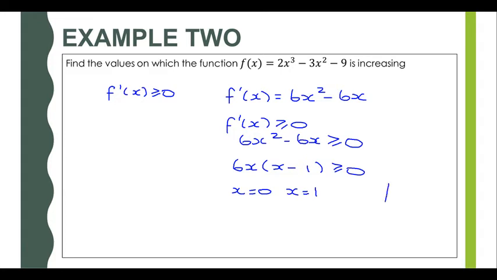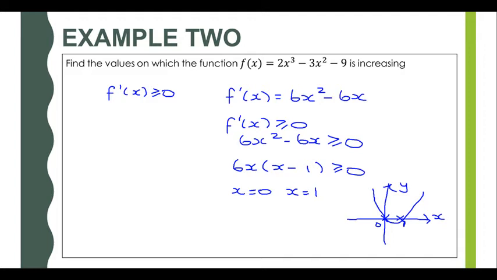And then we need to do a sketch because it's a quadratic inequality. So it crosses the x-axis at 1 and 0, with a positive x squared. So our graph looks something like that. So that's 0 and that's 1.